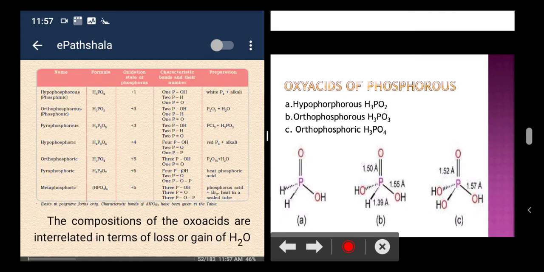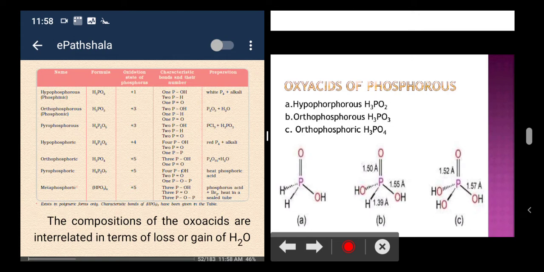Hypophosphorous H3PO2, orthophosphorous H3PO3, pyrophosphorous H4P2O5, hypophosphoric H4P2O6, orthophosphoric H3PO4, pyrophosphoric acid H4P2O7, with the oxidation numbers +1, +3, +3, +4, +5 and +5 respectively.